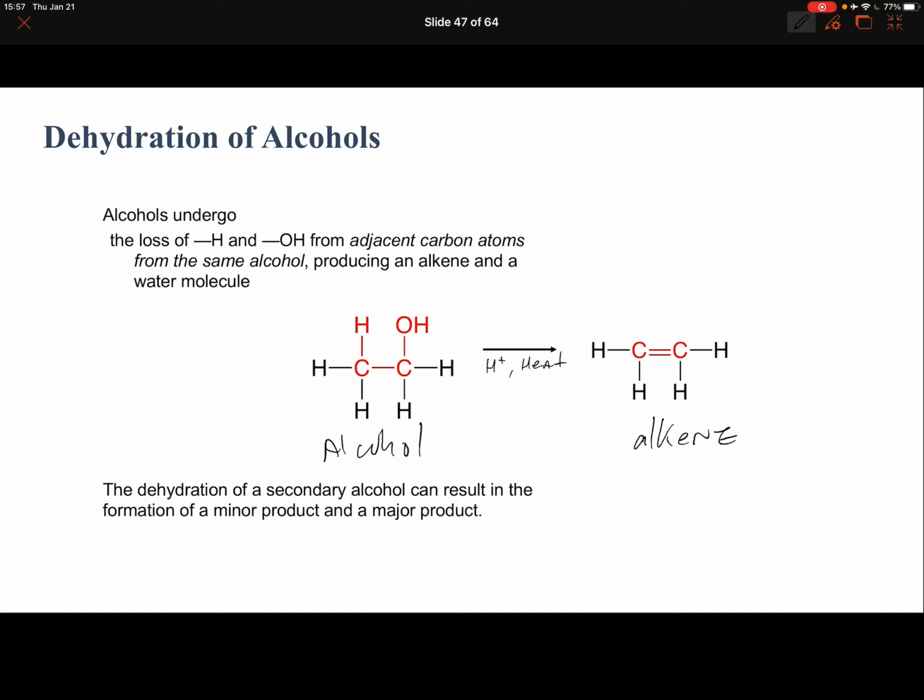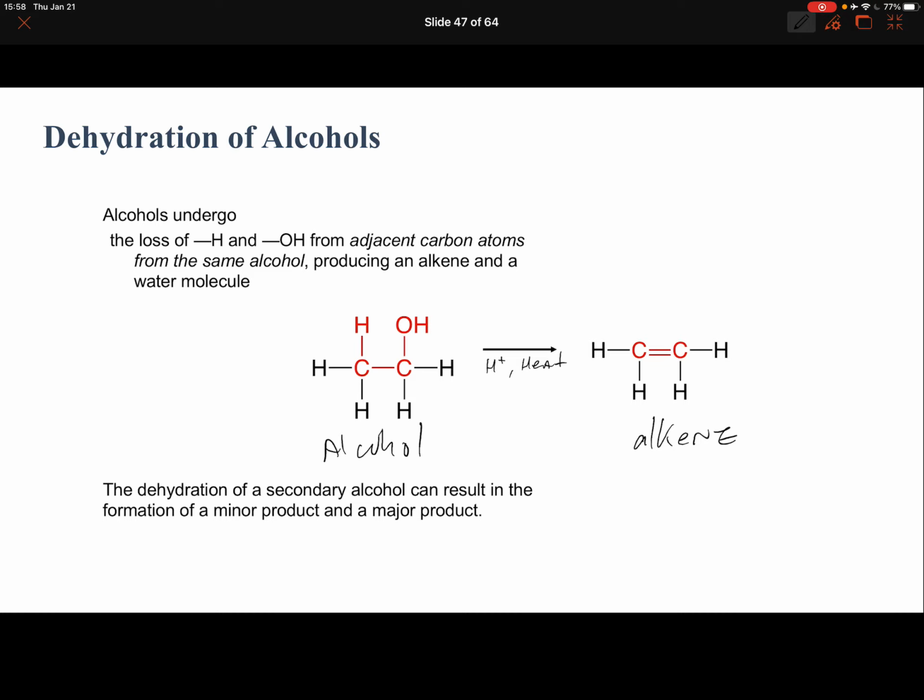So this one's kind of the reverse. The major product is where the H comes off of the carbon with the least number of hydrogens, and the OH comes off of the carbon that has more hydrogens. And this is because the hydrogen atoms are easier to remove from the carbon atom next to the carbon attached to the OH that has fewer hydrogen atoms.